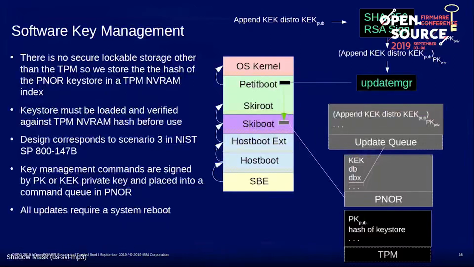It is not write protected. It is stored in this very mutable PNOR flash, and we actually have to go check it against the hash that's stored in this TPM NVRAM index. Okay.